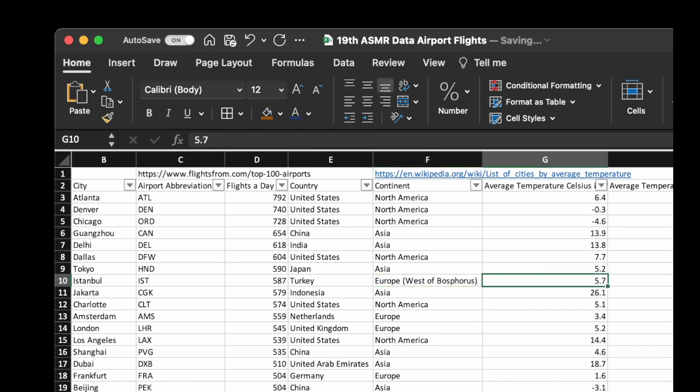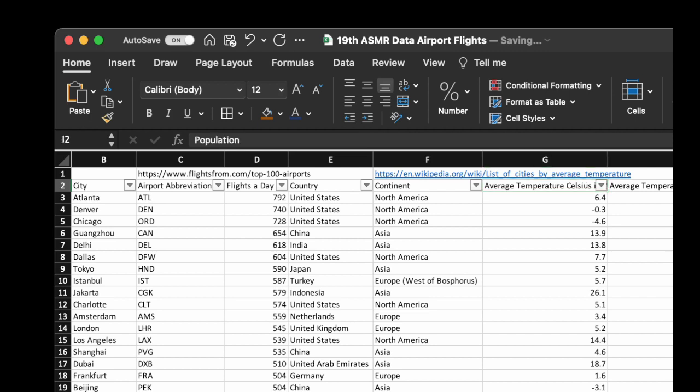Then I looked at the average temperature in Celsius and then Fahrenheit for people in the US or Myanmar, and this is average temperature in the winter. So for the northern hemisphere cities, it's the average temperature in January. For the southern hemisphere cities, this is the average temperature in July.